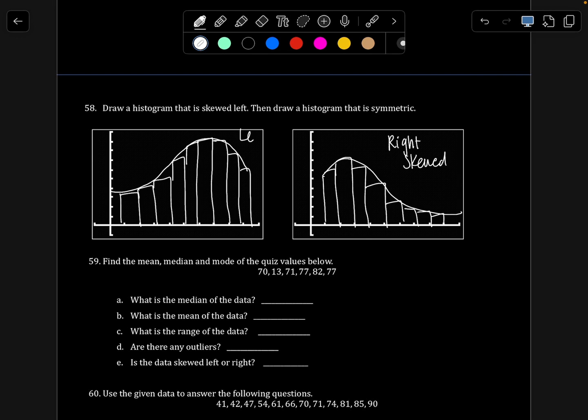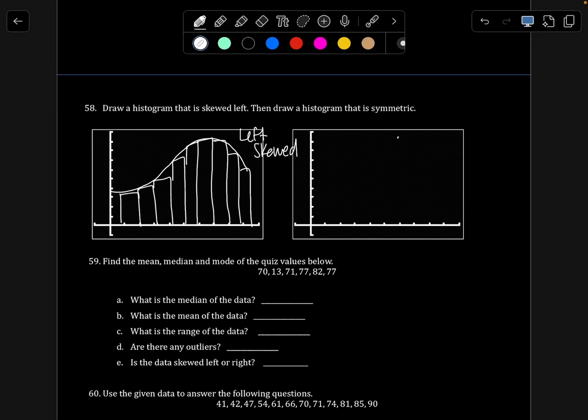And this is left skewed. I think the question was asking for, and then draw a histogram that is symmetric. So I'll erase my right skewed just because that was extra. But now a symmetrical one looks like this. Everything kind of falls in the center like that. Everything's kind of symmetrical.